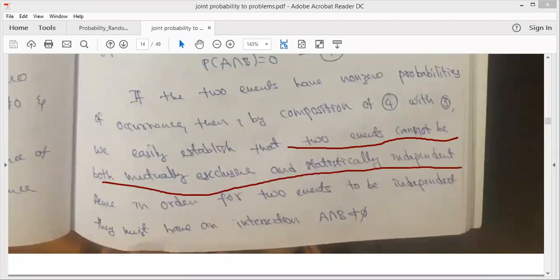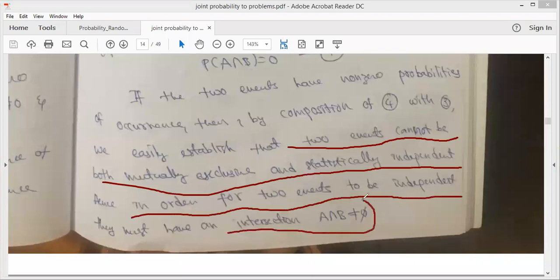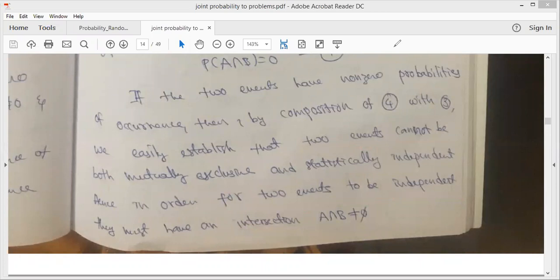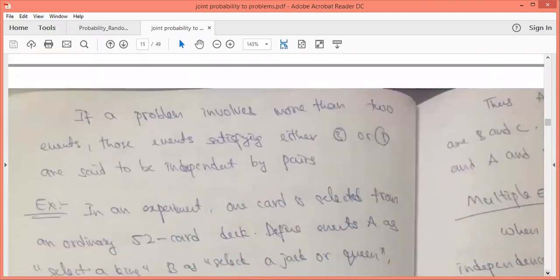So if you want two events to be independent, their intersection should not be equal to the null set. It means A intersection B should not be equal to the null set, that is, they should not be mutually exclusive. If the events are mutually exclusive, then they cannot be independent.